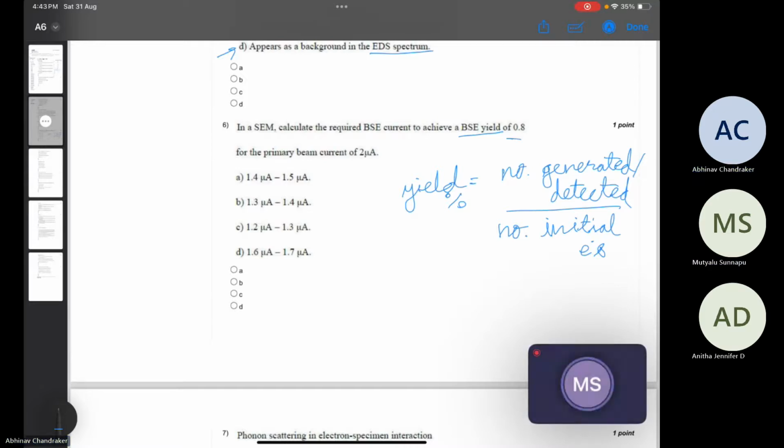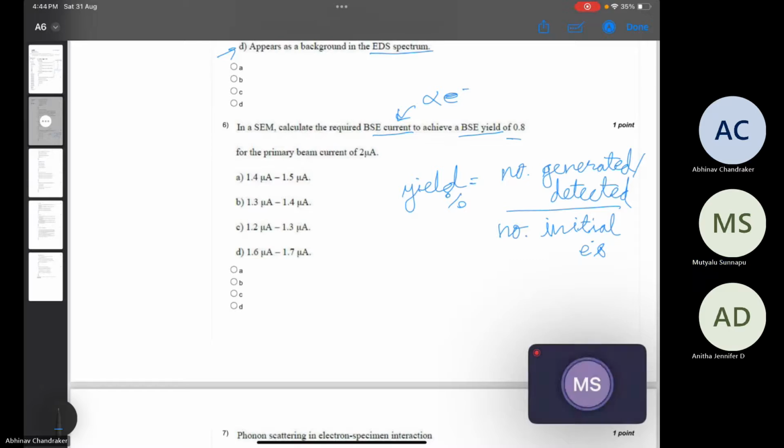So the yield is 0.8 here. We can say that the current is proportional to the number of electrons, because current is generated by the flow of electrons only.